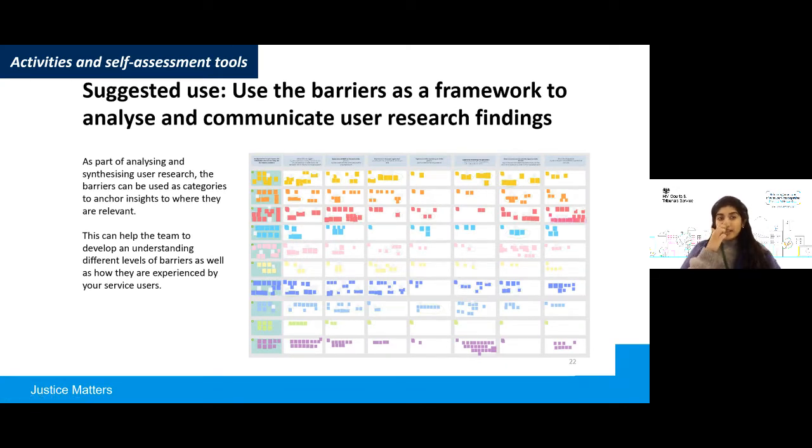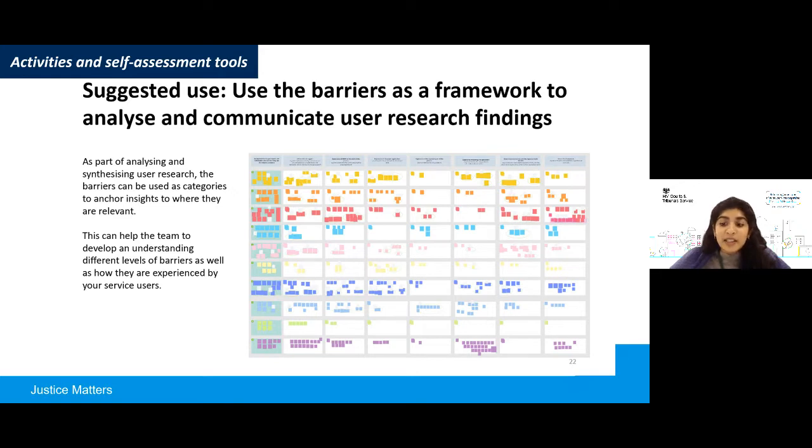And lastly, here's an example of one of the interactive activities that we have as part of our barriers activity toolkit. There's a whole range of different activities which can help teams to recognise and identify the barriers in a service, to empathise with users and think holistically about their experiences and how our design decisions impact them.